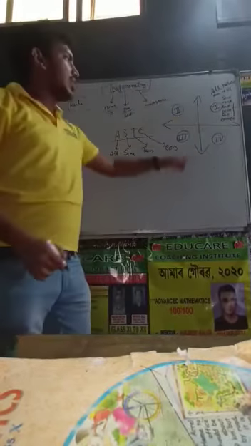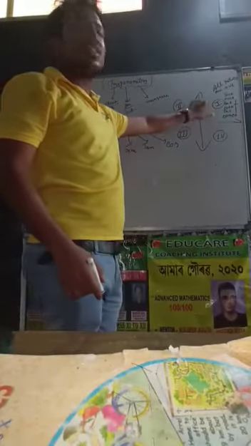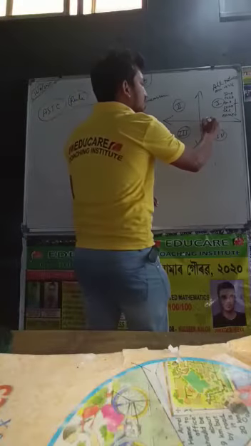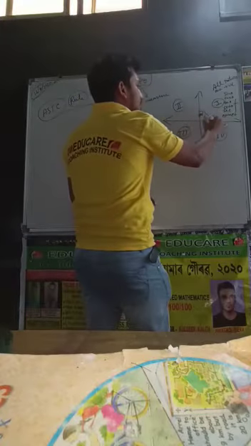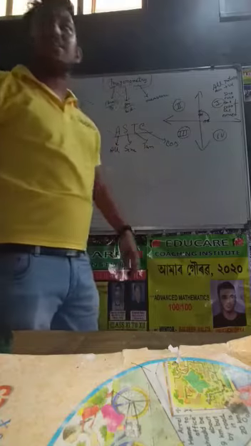All are positive. These quadrants lie from 0 degree to 90 degree. In this region it lies.